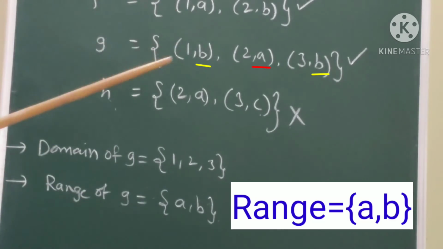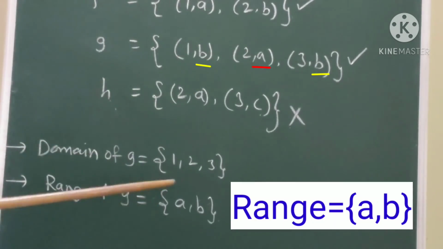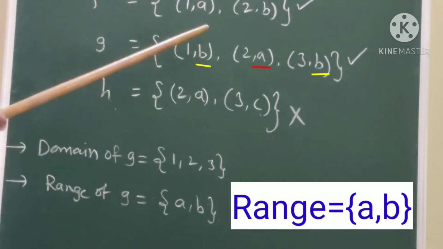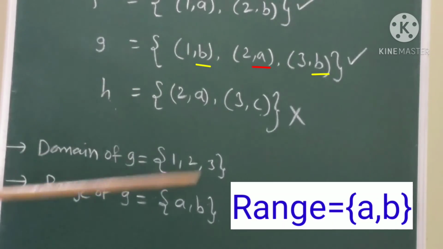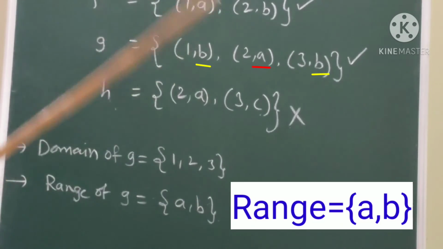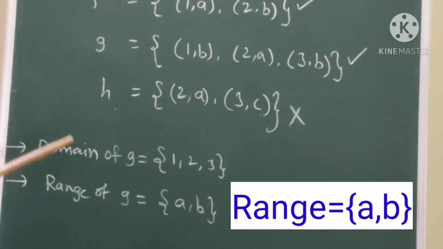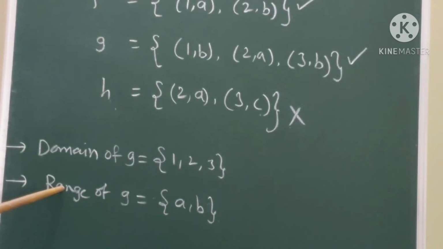What are the second coordinates? b, a, b. So we can take a, even though it appears 2 times, we take it only 1 time. That is the set {a, b}. The set {a, b} is called the range of G. So in this way we can define domain and range for any type of relation.